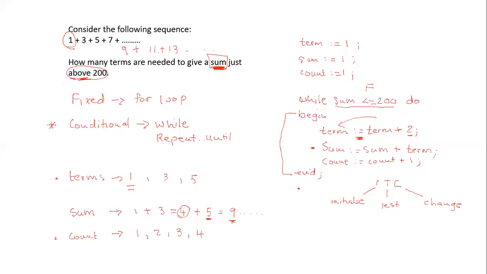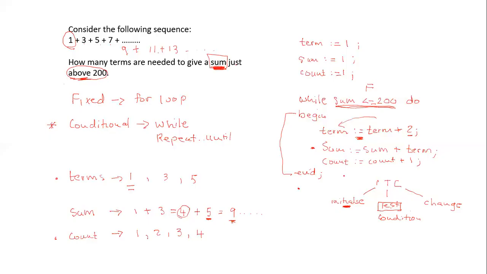So test, you are testing the condition. So here we were testing sum less than or equal to 200. That's what we were testing. Now, if you are testing a variable in the condition, the variable that you are testing must be initialized. So before you can test something, it needs to have a value.